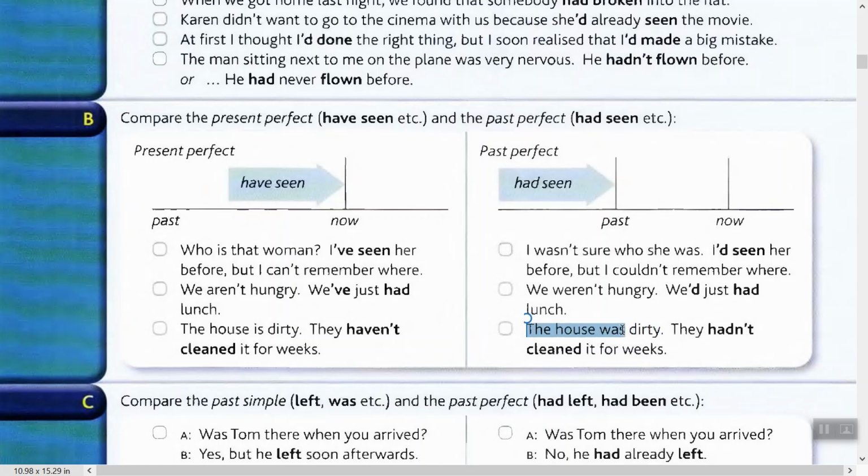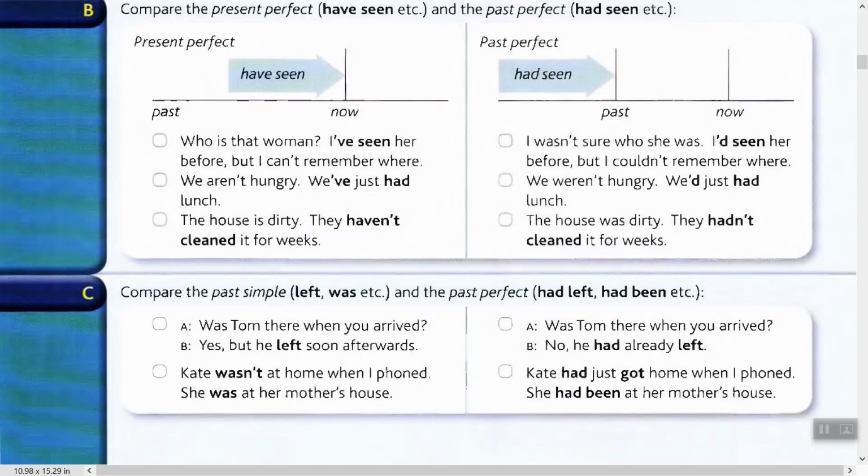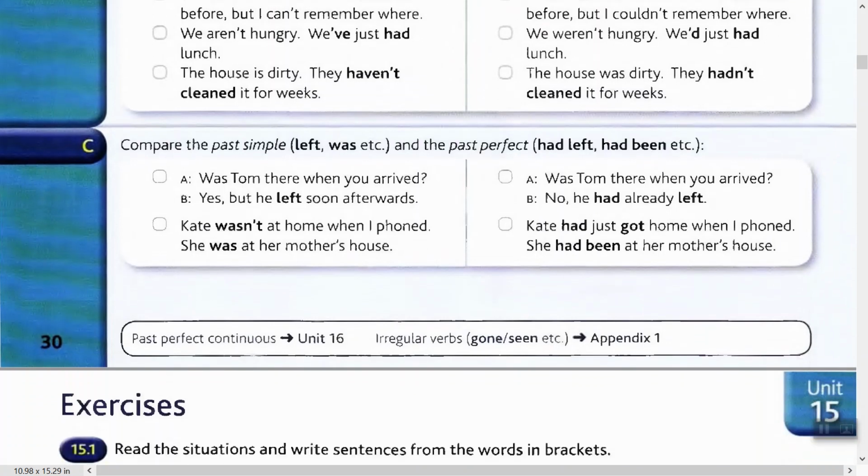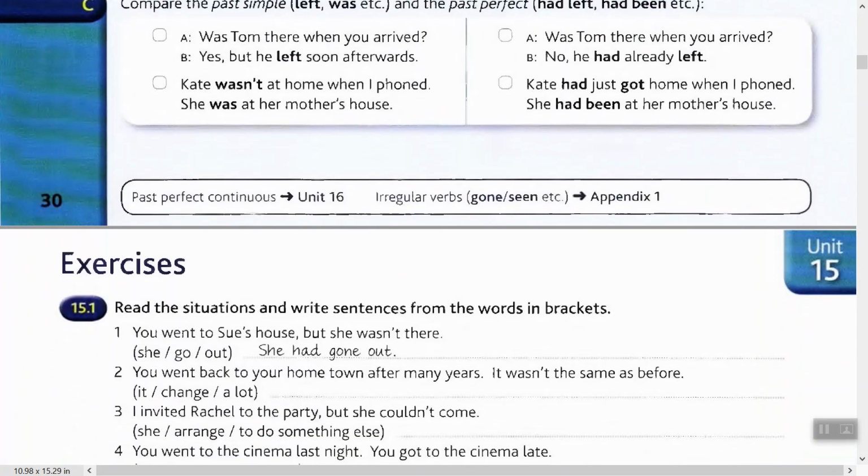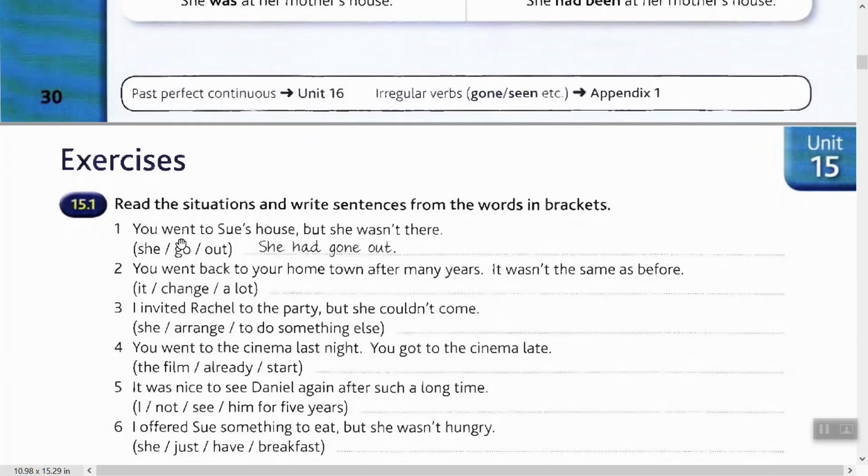The house was dirty yesterday, when I came in, a week before for example, it was dirty. So what do you say before that? They hadn't cleaned it for weeks. It's the same, present perfect and past perfect are very similar. Only the thing you put in the past, you put in the past. Both of them are very similar. The rest is all the same. See, here in the past.